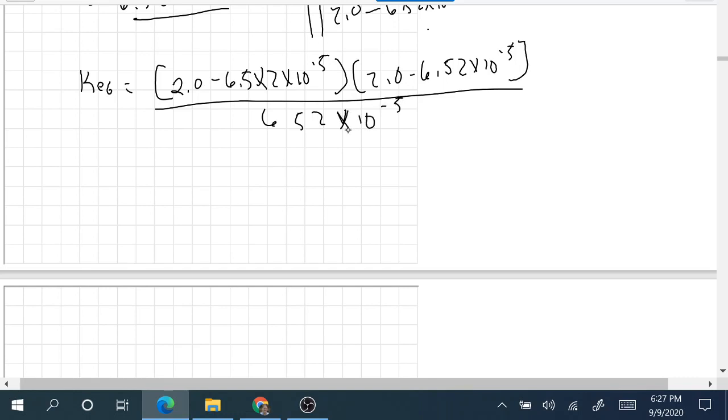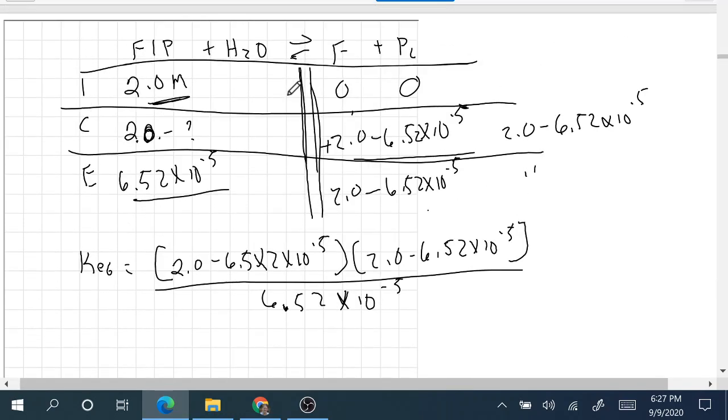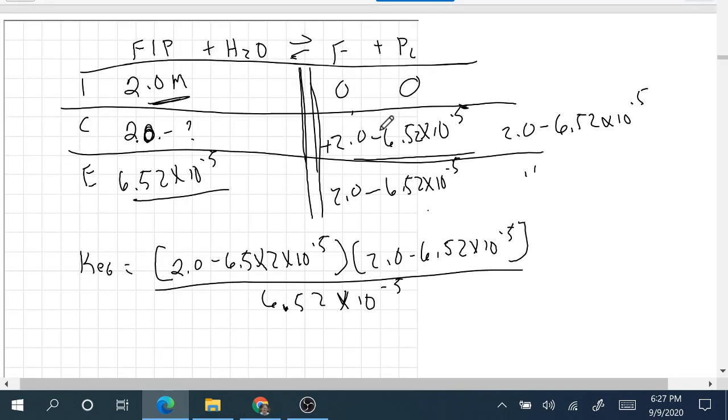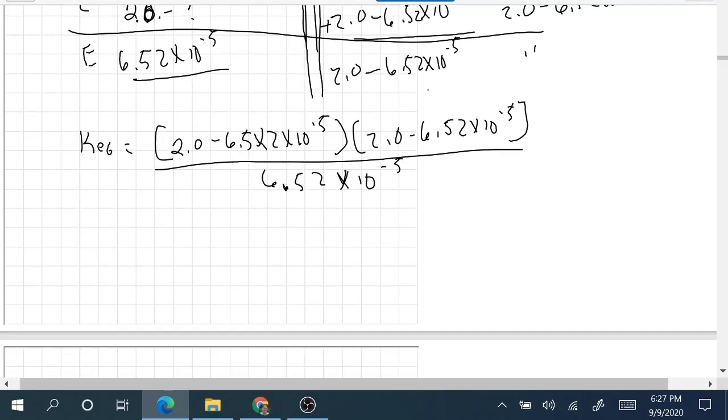Okay, because that's what we have at equilibrium. So the only reason we needed to know what we started with was because we needed to calculate how much of our products we had at equilibrium. Okay, so our Keq is equal to 613. Okay, and so that is going to be very positive, so it's going to proceed in the forward direction.